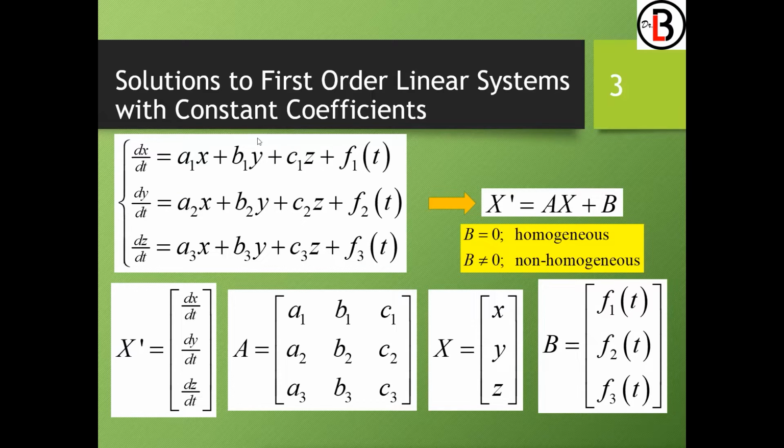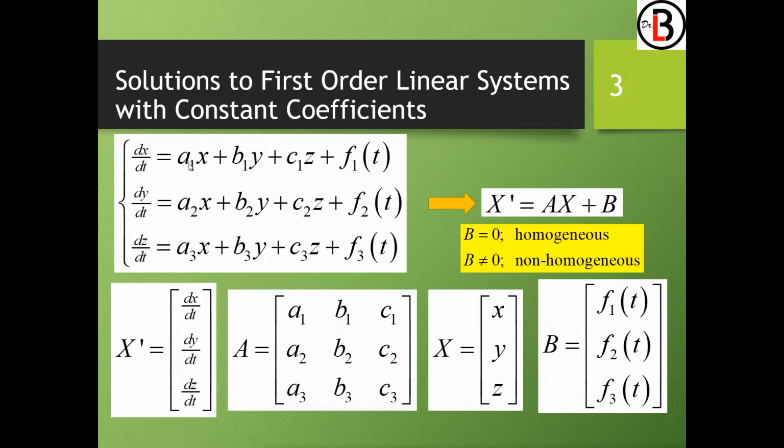So in this case, if it's written in this form, the one on the upper left, we can translate it into a matrix. So how do we translate that into a matrix? We say that the nomenclature we have for the differential operators, dx over dt, dy over dt, dz over dt, can be written as x prime.